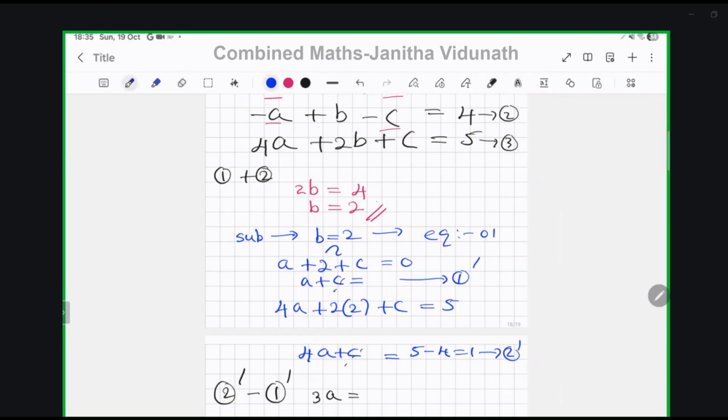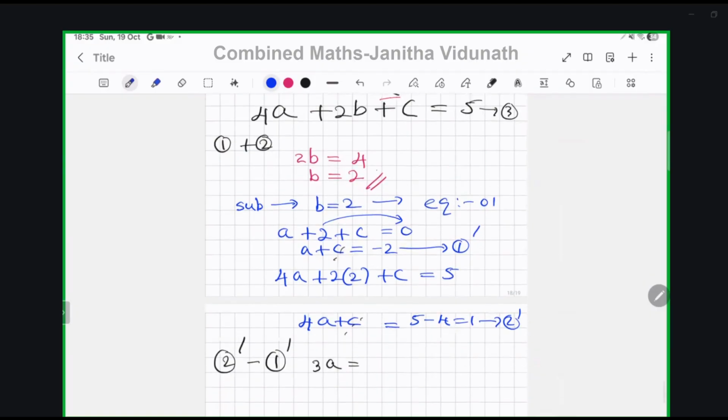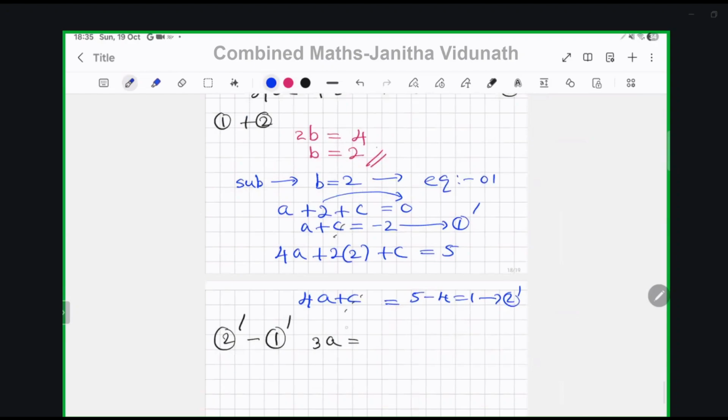Here there is 2. We need to bring this 2 to the right hand side. That means A plus C equals minus 2. Then on the left hand side, we will get 4A minus A. C will cancel out. On the right hand side, we will get 1 minus minus 2. That means 3A is equal to 3. A is equal to 1.